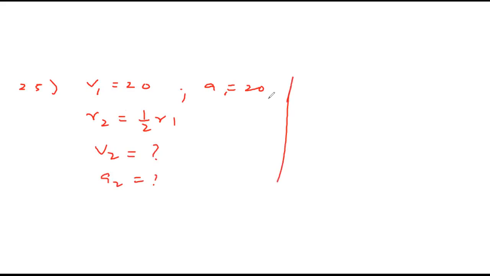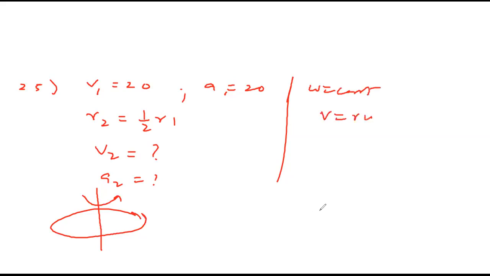Whenever a particle is rotating uniformly on a turntable, what is the same? Omega, the angular velocity. So here omega is constant. So I'm using the formula V equals R omega and A equals omega squared R. So V1 upon V2 will become R1 by R2, R1 upon half of R1.